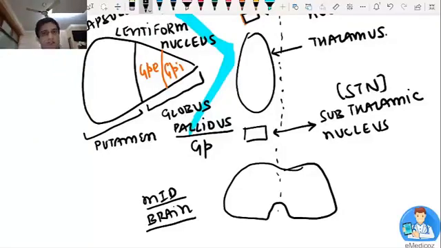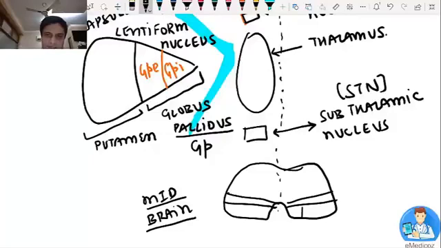But it also helps me connect the brain with the body, because in the anterior part of it there is a corticospinal tract coming down. Look at this now. The motor cortex gives rise to a corticospinal tract which comes down in the internal capsule and goes down into the midbrain.